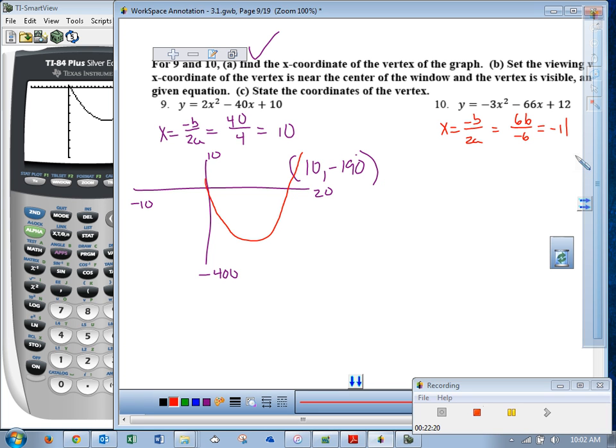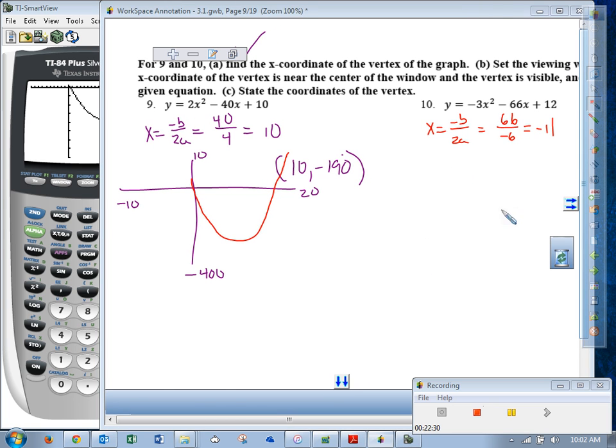Now that you have the x value of the vertex, I would find the y value of the vertex by substituting negative 11 in for x. You get a vertex of negative 11, 375.